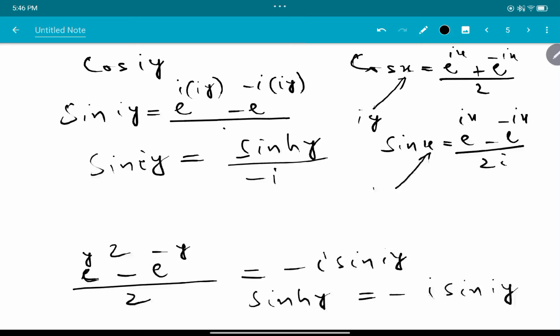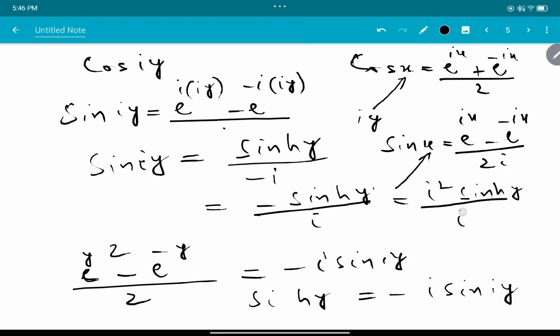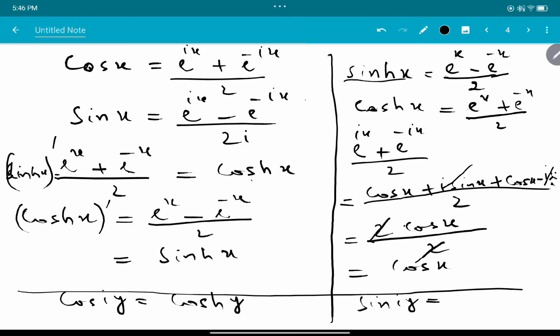Now we know that minus 1 over i is equal to i square over i, so i and i cancel. What we get? Sine iy is equal to i hyperbolic sine y.